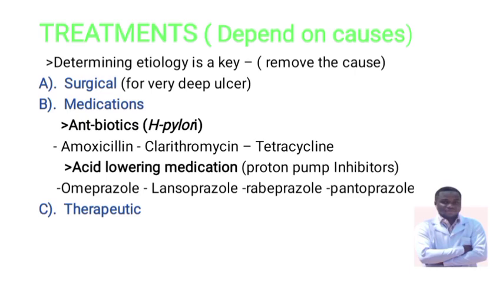treatment. Therapeutic treatment is our part in peptic ulcer disease because, as you know, food is medicine. Food is medicine. Also, we are using antibiotics against H. pylori bacteria, such as amoxicillin, clarithromycin, and tetracycline.